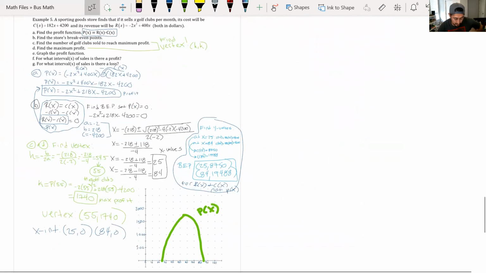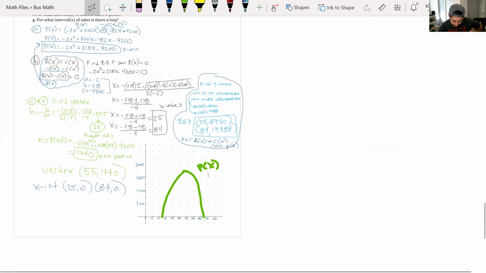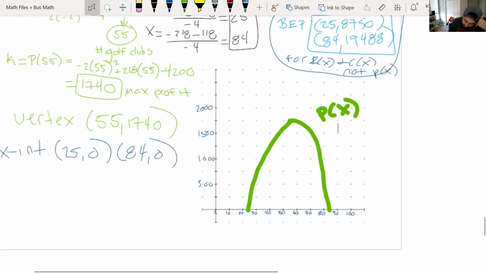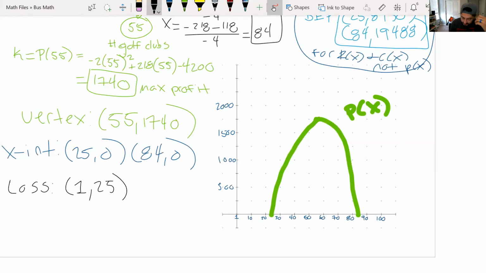Now, we graphed it. On what intervals of sales is there a profit, and on what intervals is there a loss? So looking at our graph, for a loss, we know we're gonna have a loss between 1 golf club and 25 golf clubs.